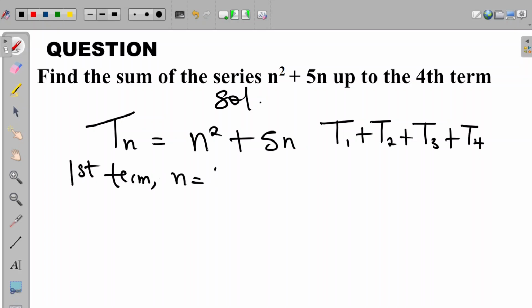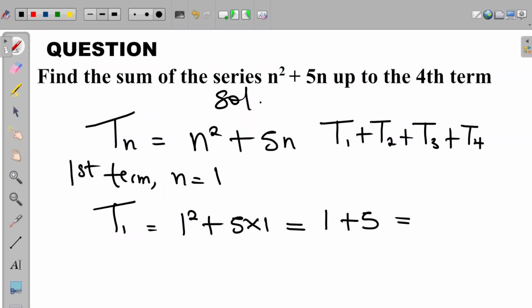So recall that for the first term, n is equal to 1. Thus, t subscript 1 is equal to 1 squared plus 5 times 1. So 1 squared is 1, plus 5 times 1 is 5. So therefore, the first term is giving us 6.